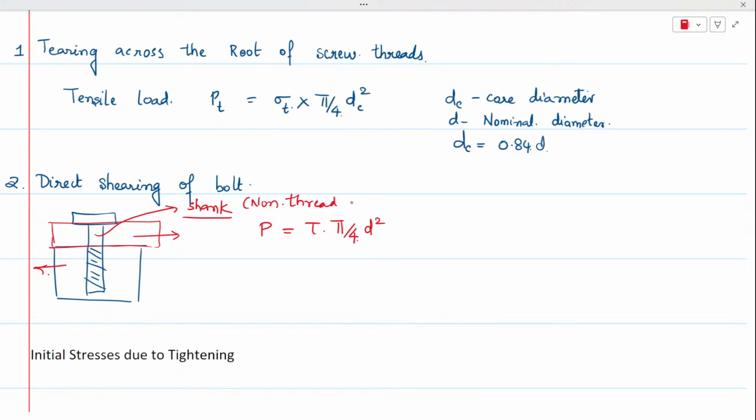So at the non-threaded portion only, sliding of surfaces is going to happen, whereas in the threaded portion the sliding of surfaces does not happen. So diameter can be expressed in terms of load and shear strength, that is (4P divided by pi tau) raised to the power of 1 by 2. So this is the strength criterion.